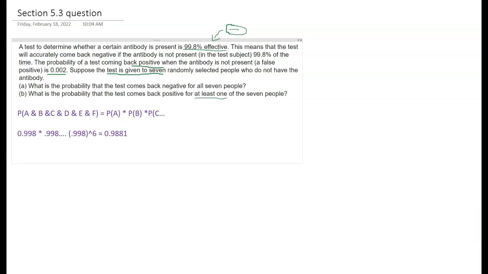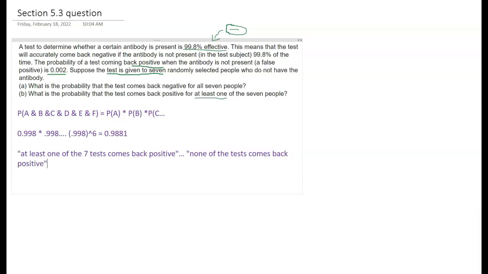So for the complement rule, we have to consider what we're talking about. So the probability of at least one of the 7 tests coming back positive. What would be the complement? What is the opposite of that? The opposite of that would be none of the tests comes back positive.